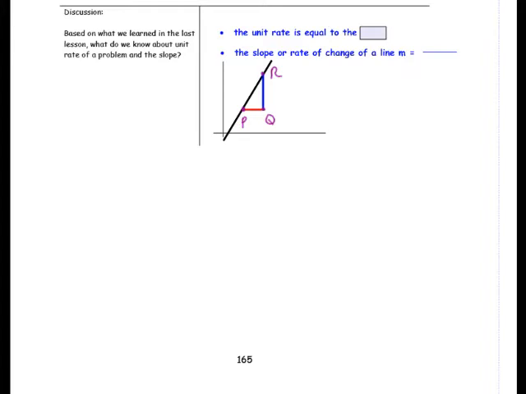For example, in this graph, we have the distance PQ of 1. Actually, let's do this without any numbers. We know that the unit rate is equal to the slope. And the slope or the rate of change of the line M is equal to the run, which is the distance of PQ, and the rise, which is the distance of QR.